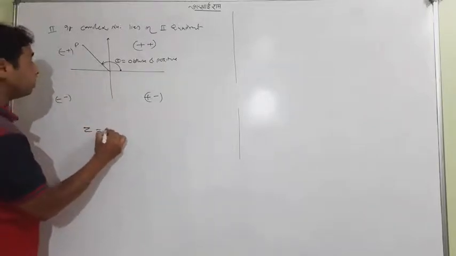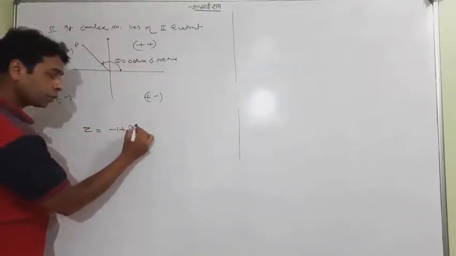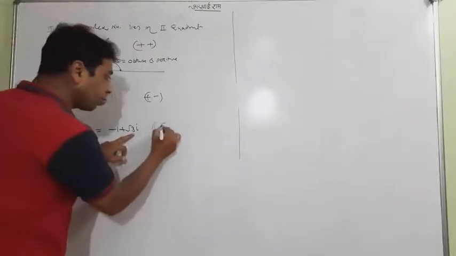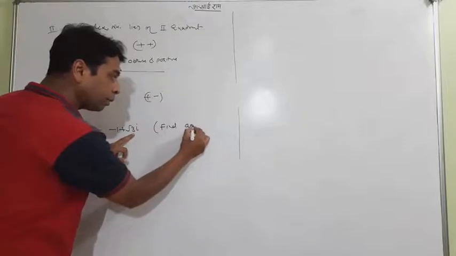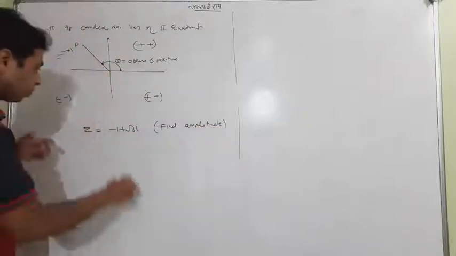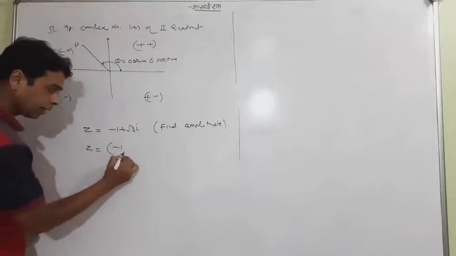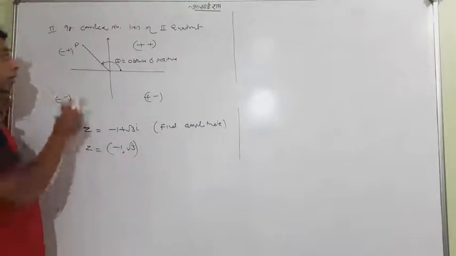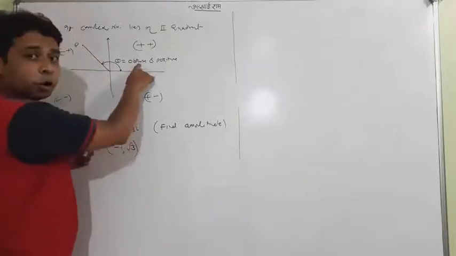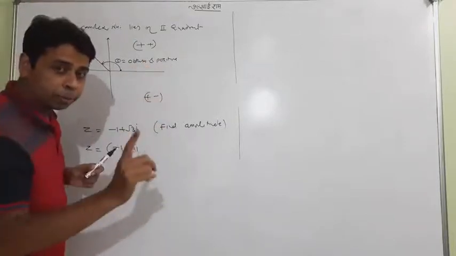Suppose z equals minus 1 plus root 3 i, and the question asks to find the amplitude or argument. Z equals minus 1, root 3 lies in the second quadrant. Theta should be obtuse and positive. Keep this in mind.